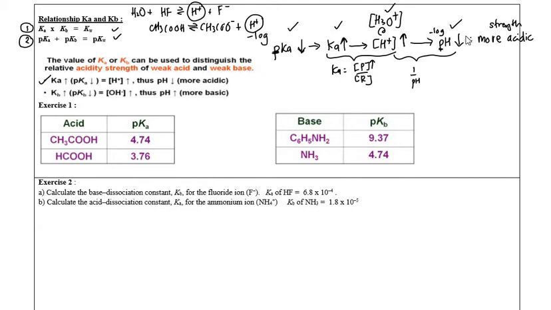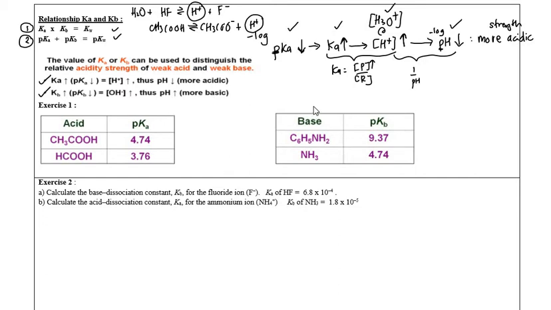Okay, now we go to the second statement. When Kb increases, pKb is lower, OH concentration increases, thus pH is higher, so more basic.